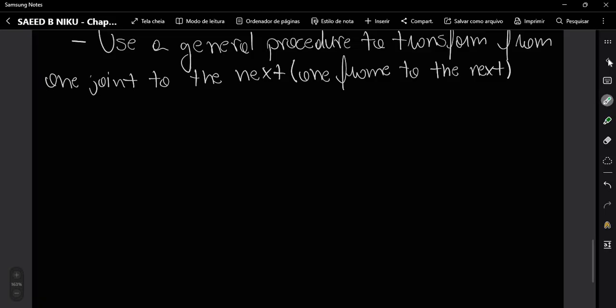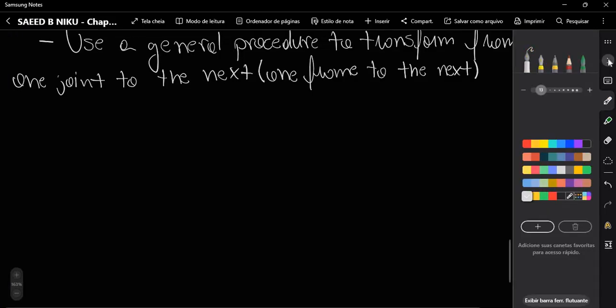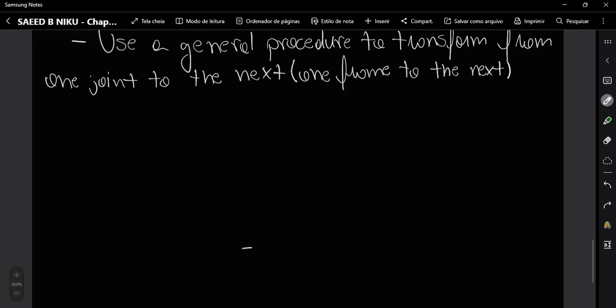So again, let's draw a robot with n links and joints. Right here we got a base, we got one link and two links, three links, and four links. And we got these joints, and of course an end frame.